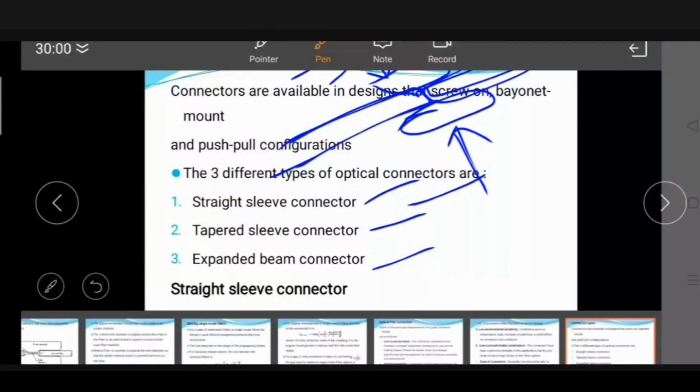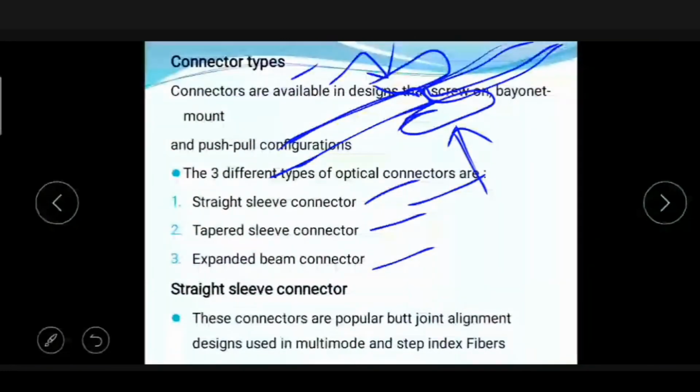And then you can see that the first one is a straight sleeve. The straight and tapered sleeve connectors are based on the structure of the sleeve. In a straight sleeve connector, the connector sleeve is straight. In the other, the connector sleeve is tapered.